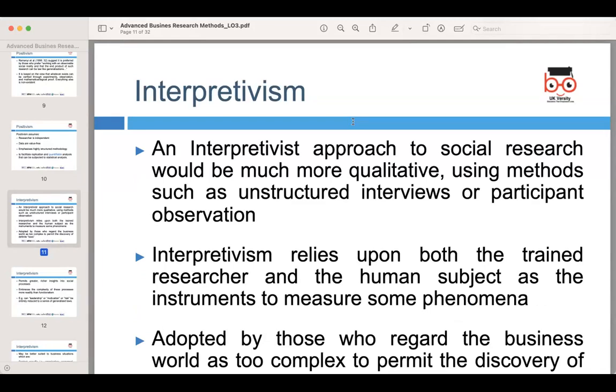Unlike other research approaches that rely heavily on numbers and statistics, interpretivism focuses on capturing the richness and complexity of human experiences through qualitative methods.